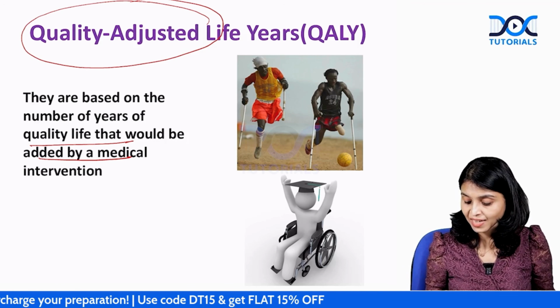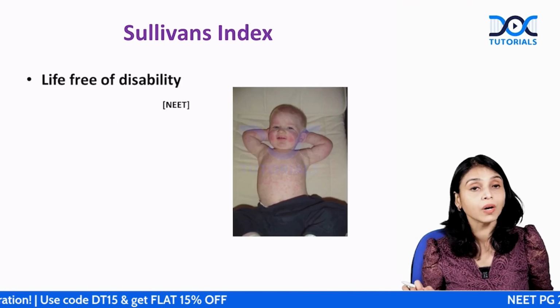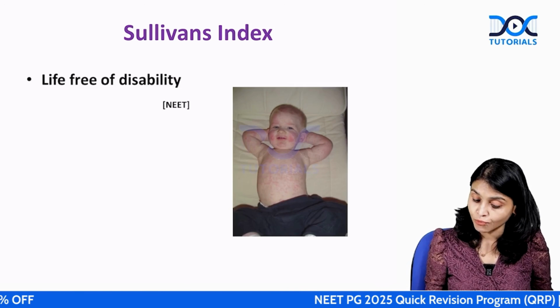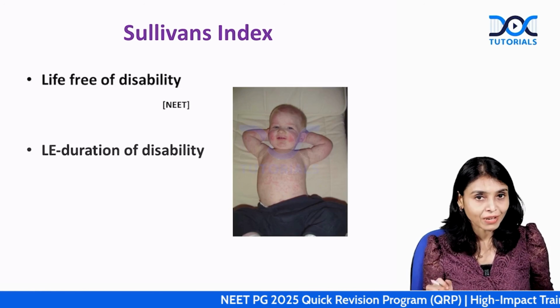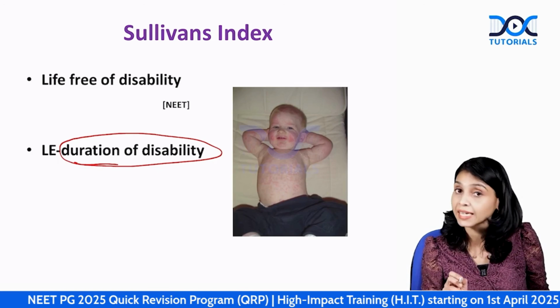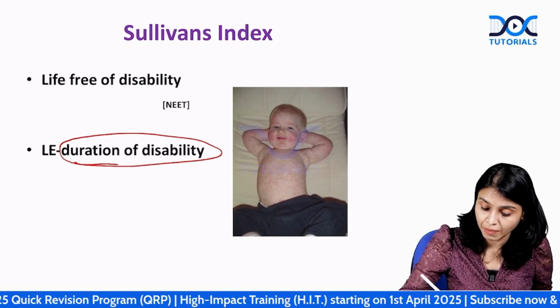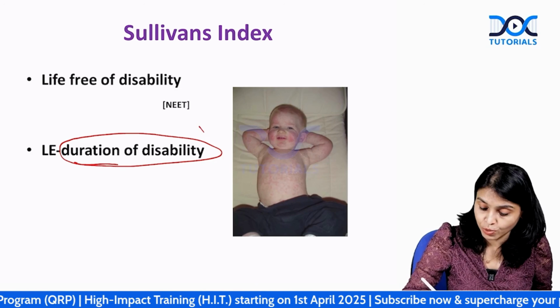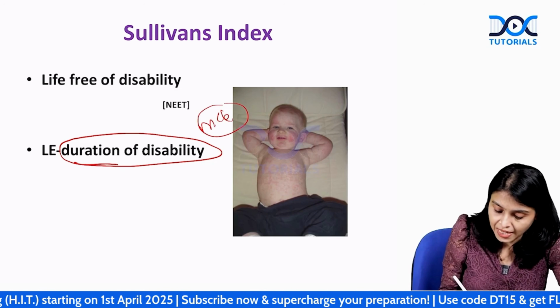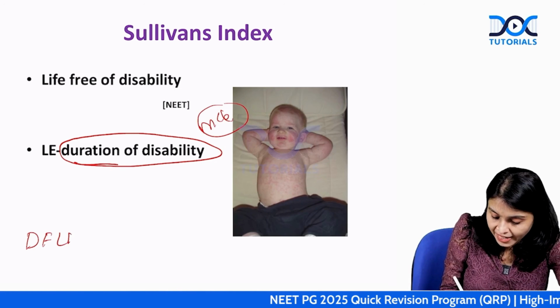And the last is Sullivan's index. That means life free of disability. Now, how do you calculate it? From the normal life expectancy, you subtract the duration that you have spent in disability. So, life expectancy minus disability. Again, all these are MCQs. And the new name of Sullivan's index is DFLE.